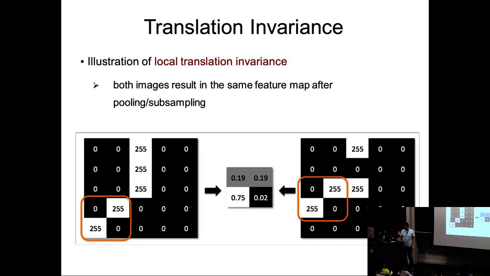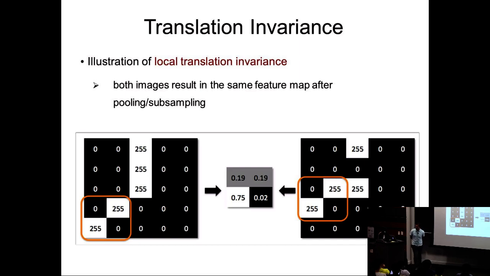So you can see that this you move up, this you move up. And when you look at the feature map produced by both of these images, it's exactly the same. So this translation is happening here, and I think there's some missing piece happening here, but it doesn't really matter, right? So you can introduce some invariance. And indeed, you do get some invariance.